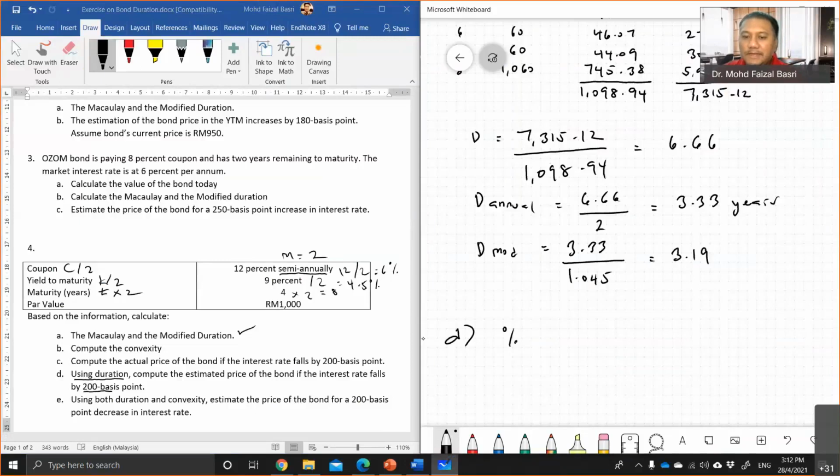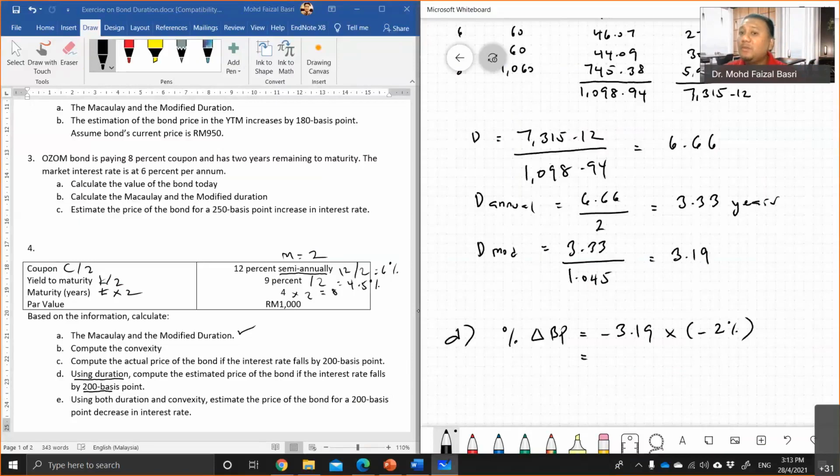First, we're going to find the percent change of the bond price. Remember the formula is negative DMOD, so it's negative 3.19, and we multiply with the change of K. In this case, the change of K is also negative because it falls. So I'm going to put a bracket here: negative 200 basis points as a percent.